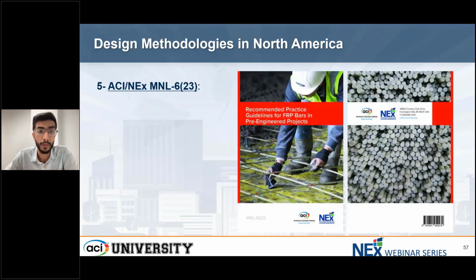And here is another document recently published by ACI, MNL 623. It's recommended practice guidelines for FRP bars in pre-engineered projects. These pre-engineered projects are the ones where we can, I would say, easily use FRP meshes, because of the type of those applications and the way this document provides guidelines for this kind of design.